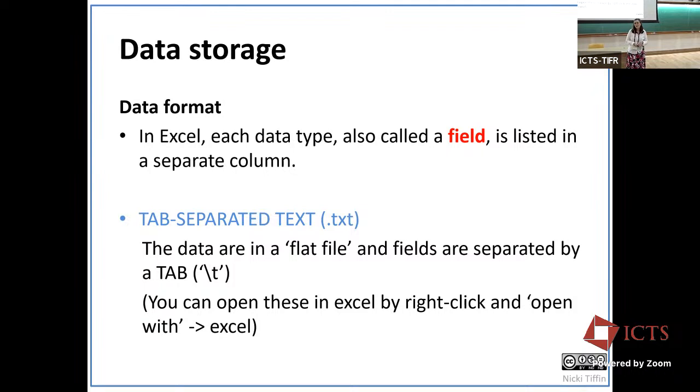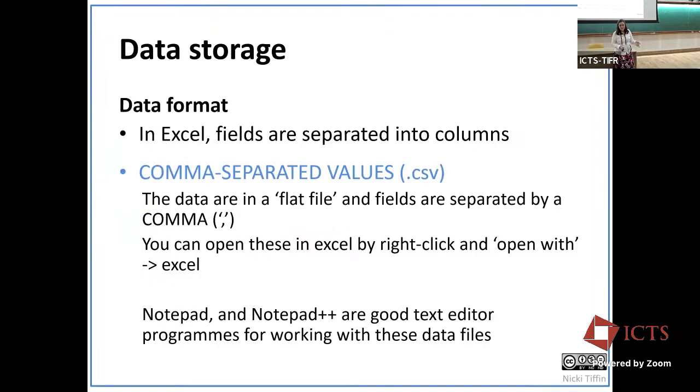So actually, if you really like Excel, I would save your data as a flat file, a text file, or CSV, comma separated variable. And then you can open and work in Excel, but I wouldn't save it as Excel personally. I would keep it in the flat file format. Yeah, and you can work with the CSV.